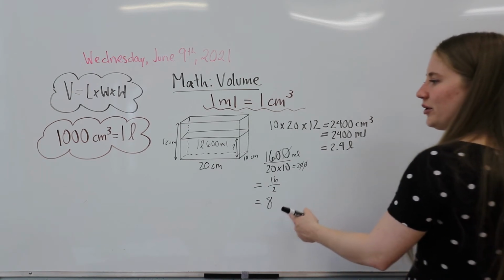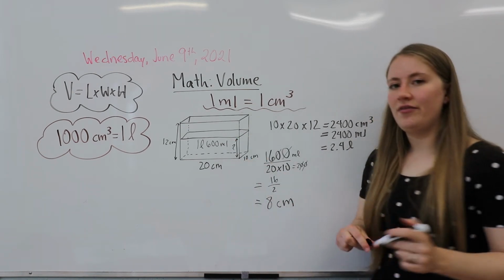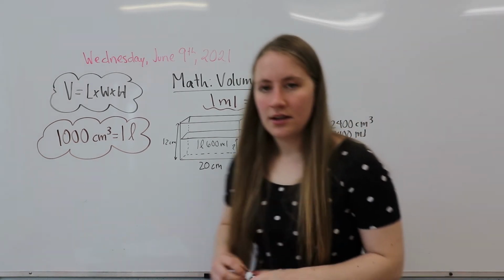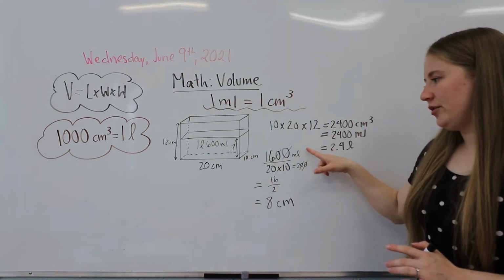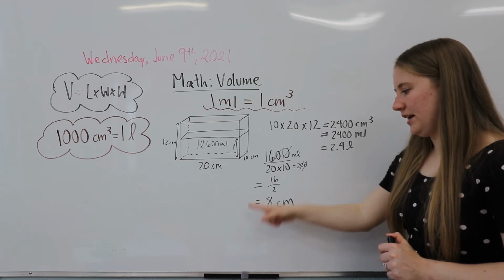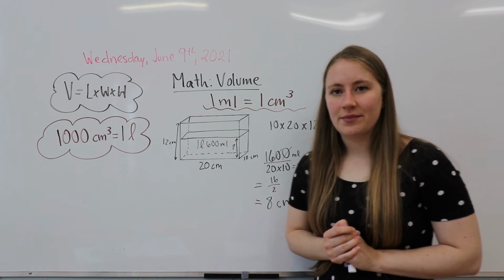And the 8, of course, is 8 centimeters, because that is the value of the height, okay? So do you see how that works? So we use our volume in the form of milliliters to find the missing dimension, which we're still going to show in its unit, which is centimeters, okay?